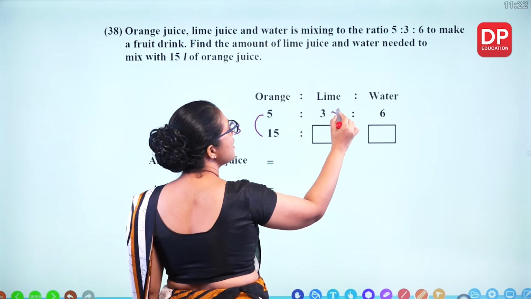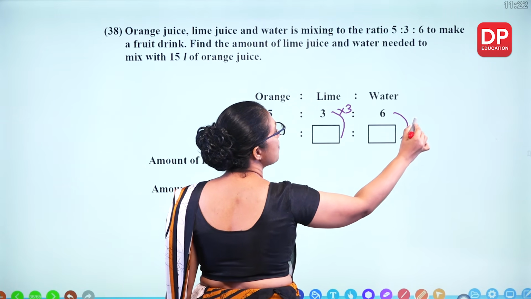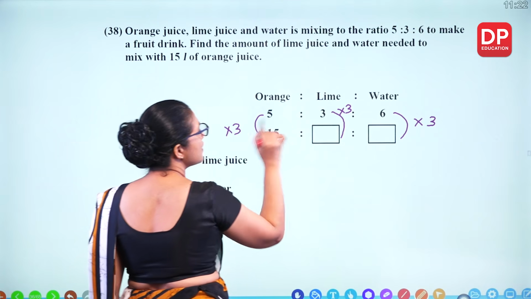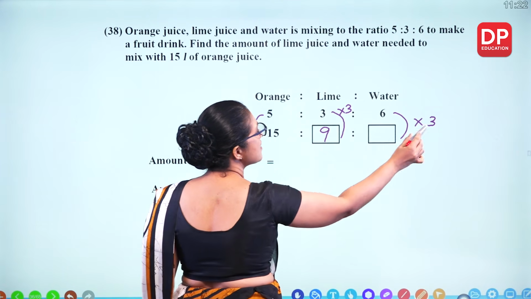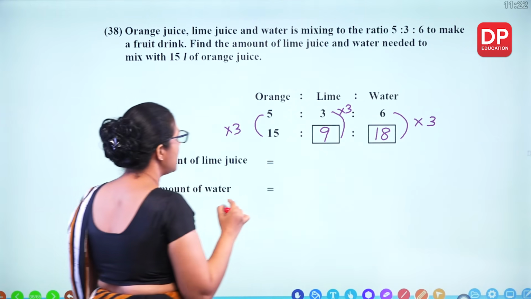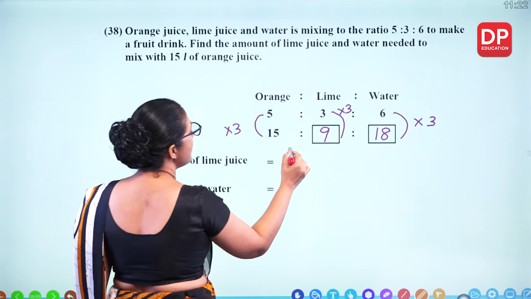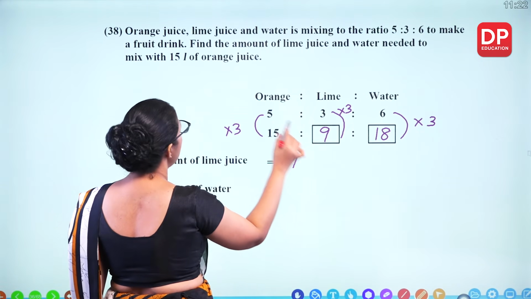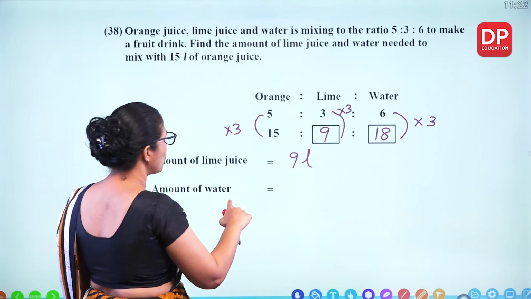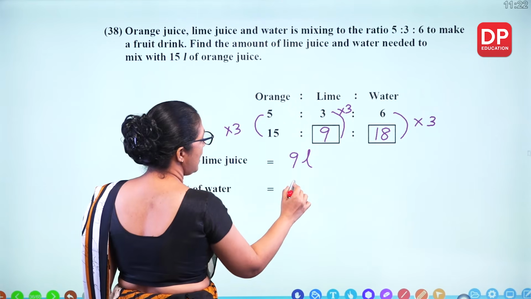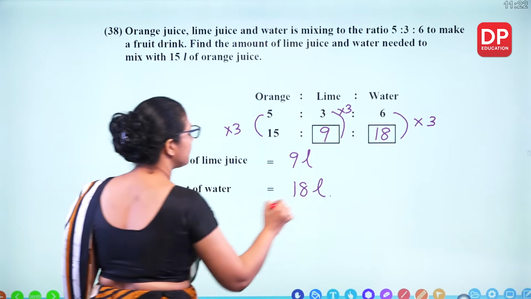So do the same thing. Multiply by 3. 3 times 3, 9. 6 times 3, 18. So amount of lime juice, 9 liters. And amount of water, 18 liters.